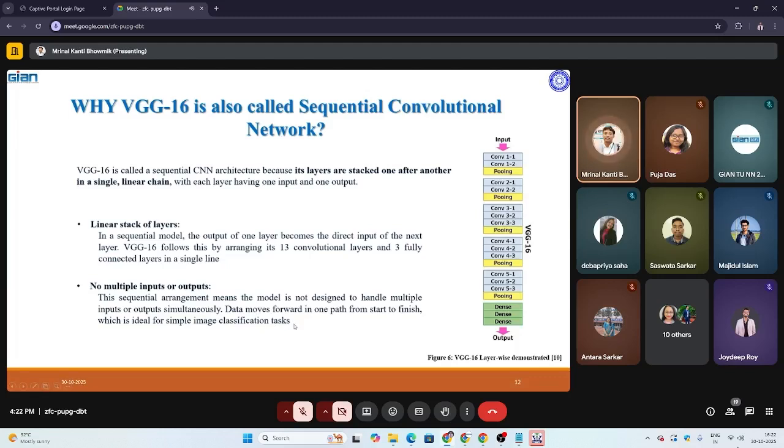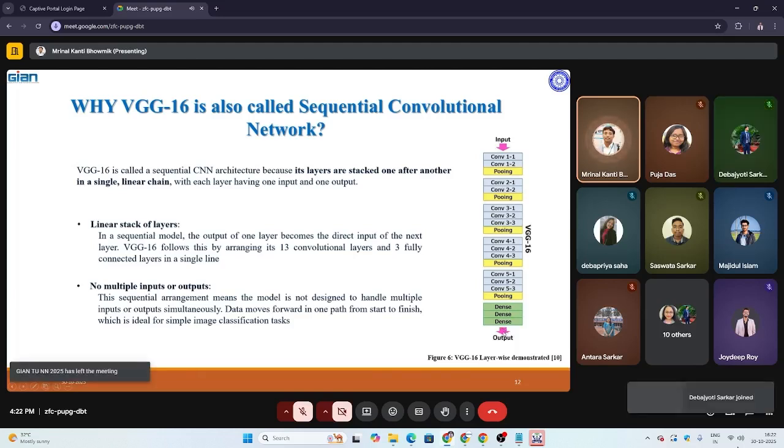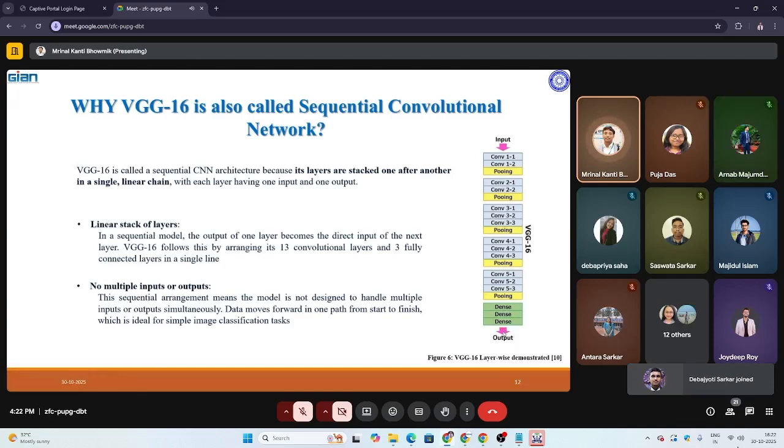For simple image classification, data just moves in one path: one input comes in and then it gives an output, and the image input goes through the layers, and finally we get the output. That's why it is known as a sequential convolutional neural network, because the whole architecture comes in a sequence, that is, in a linear manner.